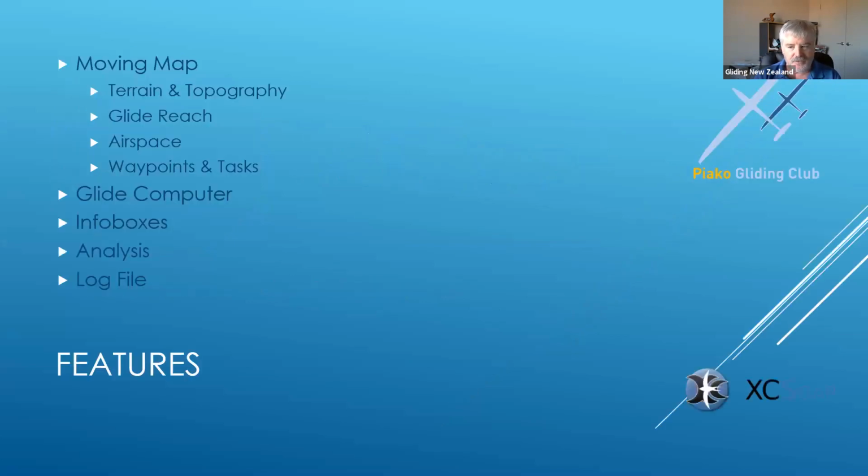So there's some of the features. It gives us our moving map display, terrain, topography. It's got some tools to actually show you how far it thinks you can glide to. It lets you see where you are in relationship to airspace and waypoints and tasks. It's got some glide computer functions in it, so it will give you some advice about how fast to go and which way to point the thing.